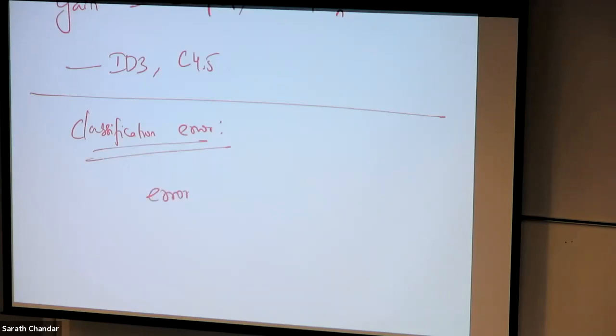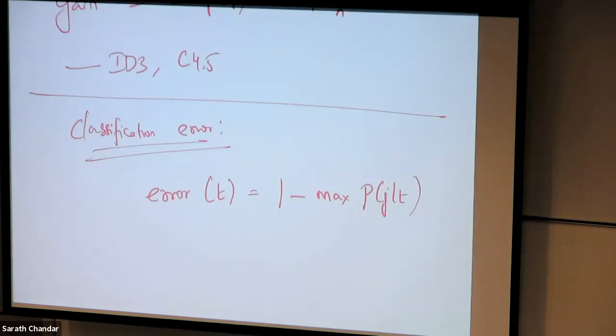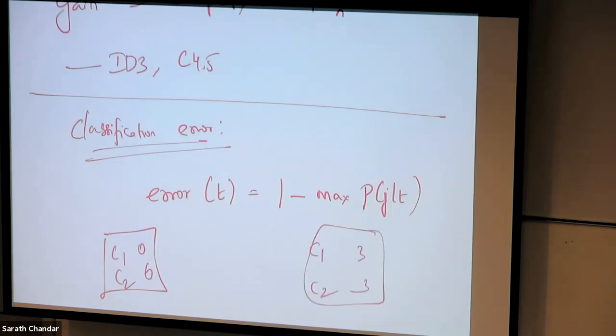The error of P is given by 1 minus max over j of P of j given T. Now, what does this mean? Let's take the usual example, C1, C2, 3, 3. In this case, my error is going to be 1 minus.